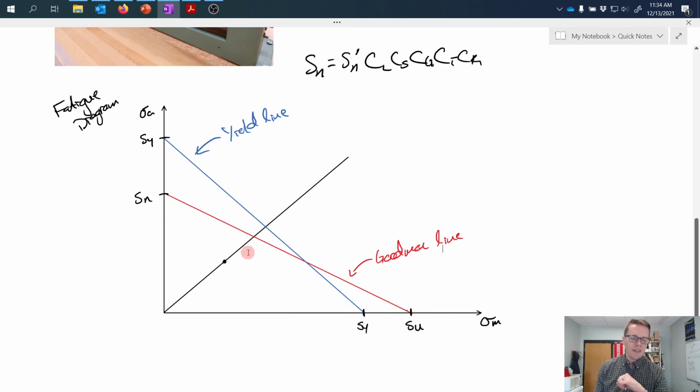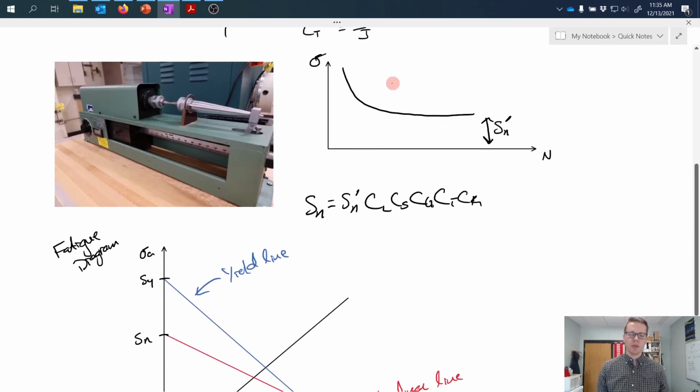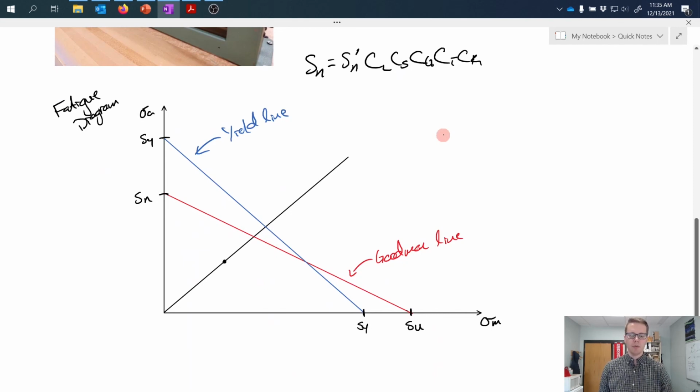Now, how do we get this dot? Well, that is dependent on how we combine the various stresses that we calculated up here. So I said that some of them could be mean stresses, some of them could be alternating stresses. And we can put those together and calculate what we would call the equivalent alternating stress, which is a combination of normal stress and shear stress.